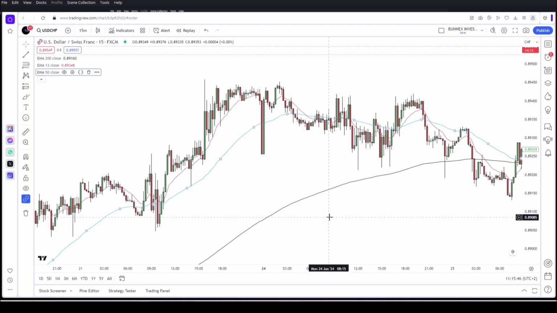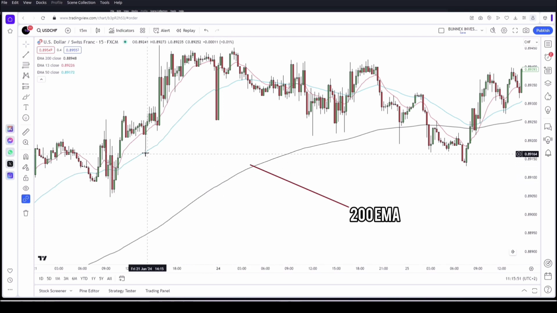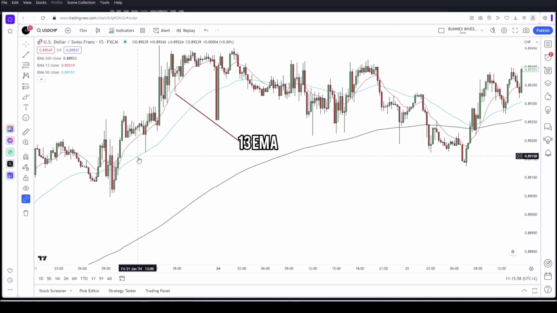So we now have 3 EMAs on our charts. The black one being a 200 EMA, the blue one being a 50 EMA, and the 13 one in red, like that.